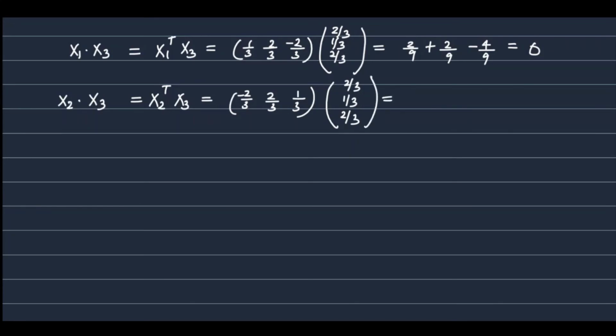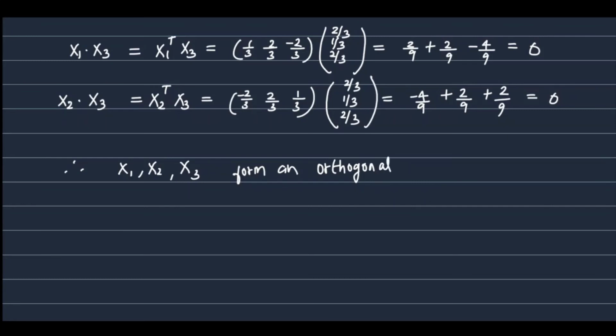Again, when we do the multiplication, we will get minus 4 by 9 plus 2 by 9 plus 2 by 9, which again is equal to 0. So we got that x1, x2 and x3 form an orthogonal set.